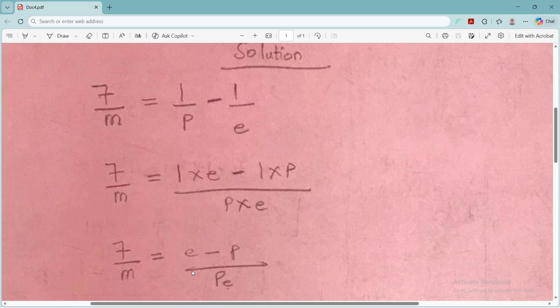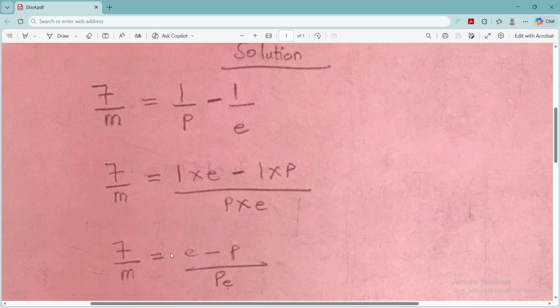So here what we have to do is cross multiply, right? Because these are fractions on different halves of the equation, we cross multiply.